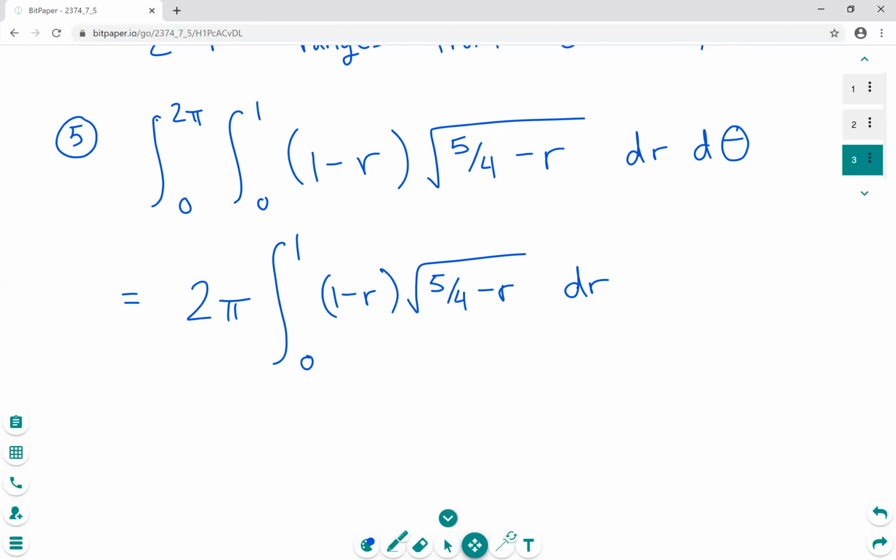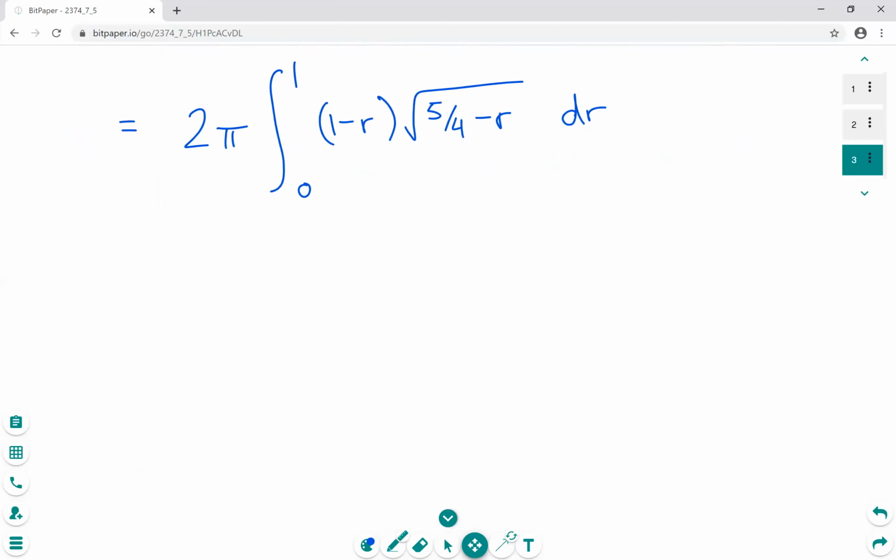Maybe you remember how to deal with integrals like this, maybe you don't. But a simple way to deal with this, I think, is to make the substitution. u is 5/4 minus r, which says r is 5/4 minus u. We're going to need that.